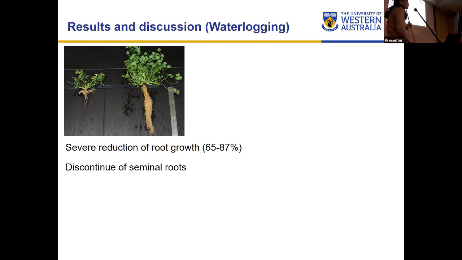Another possible explanation could be the discontinuation and decay of the seminal roots, which also caused the significant reduction of root dry weight under the waterlogged condition. Plants started to grow thicker lateral roots instead of the seminal roots.